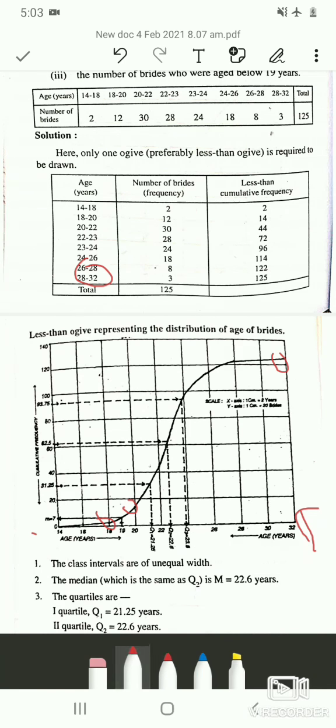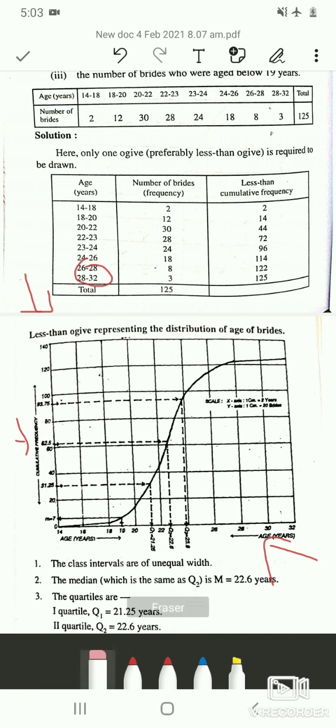Once you keep the dots, join them with a smooth curve, which gives us a less than ogive. And don't forget to write what the x-axis and y-axis denote, and the title, which is less than ogive representing the distribution of age of brides. So we have plotted the less than ogive.